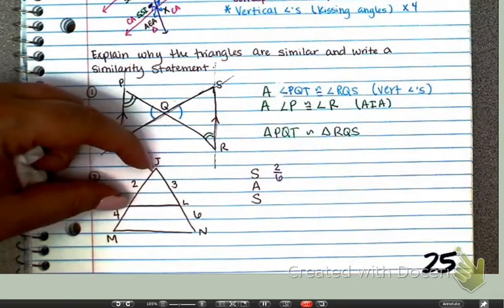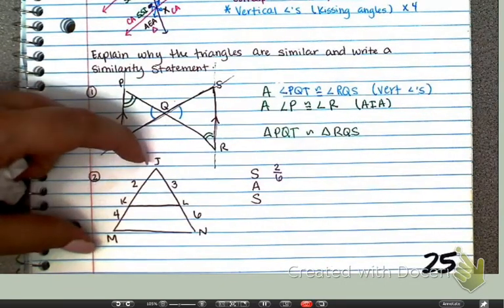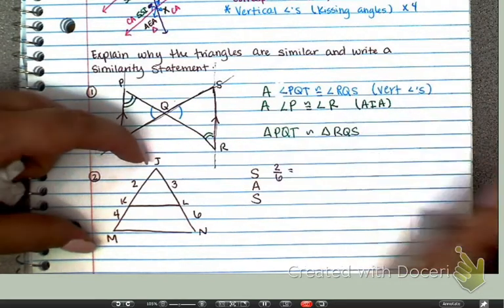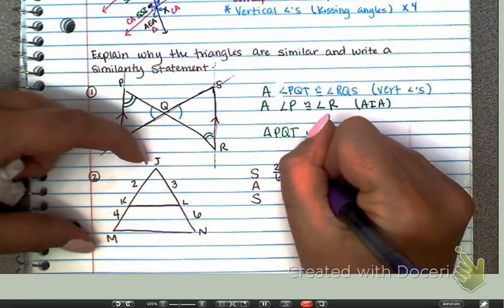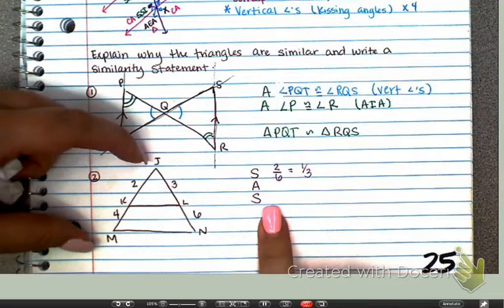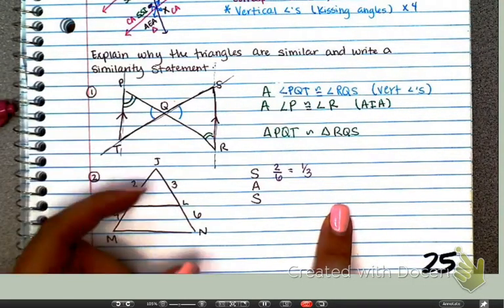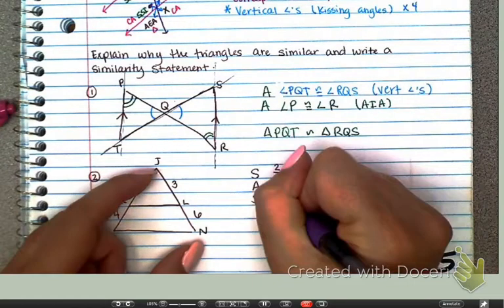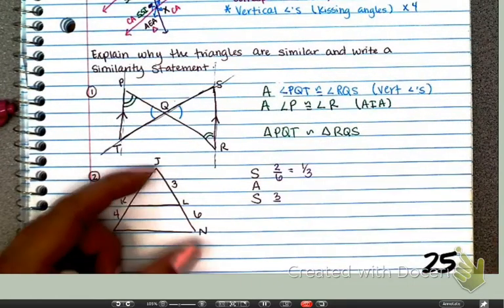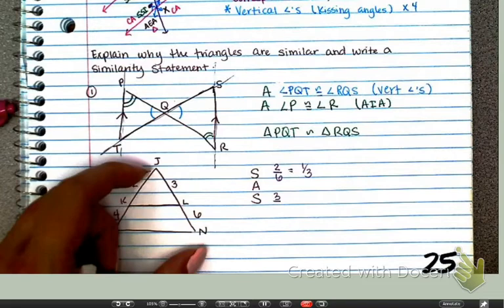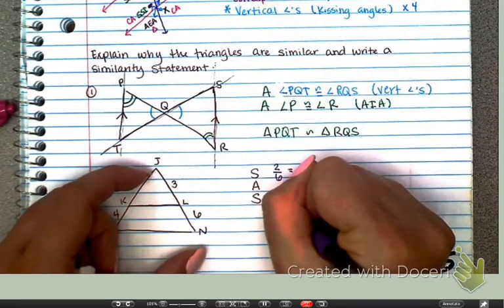It's the small triangle to the whole triangle. So 2 over 6. What does that reduce to? 1 over 3. Which means when I fill in this side, I should also get a scale factor of 1 over 3. That one's going to be 3 over 9. 3 is the small. 9 is the whole. Does that reduce to 1/3? Yes.